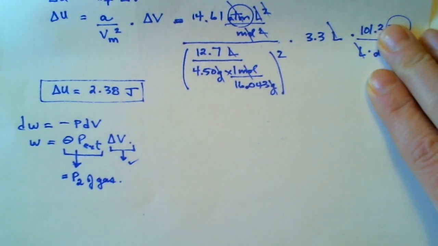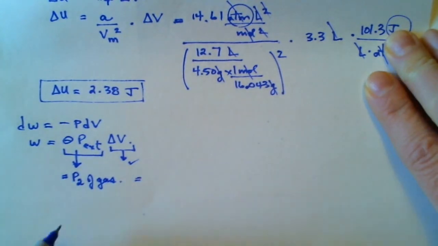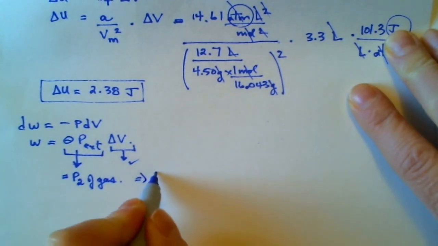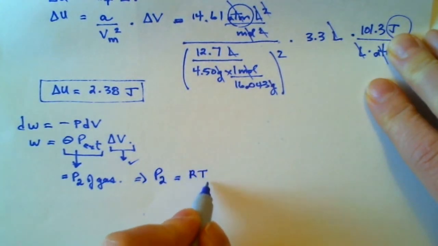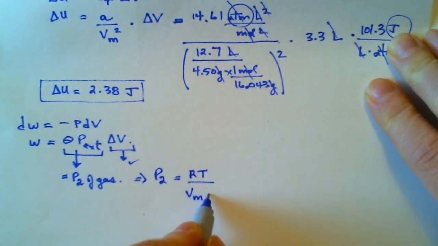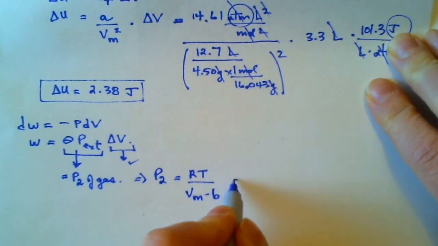So what is P2 of the gas? I can't use PV equals nRT. Remember, it's not a perfect gas. It's a van der Waals gas. So P2 of the gas is RT over, it's the van der Waals pressure.